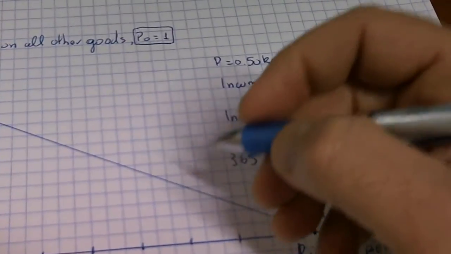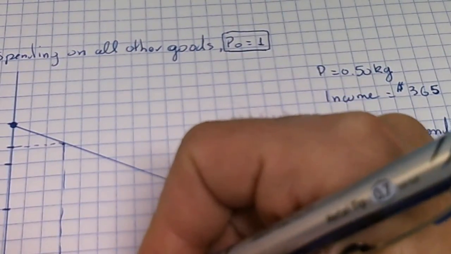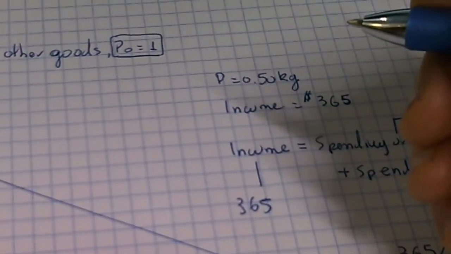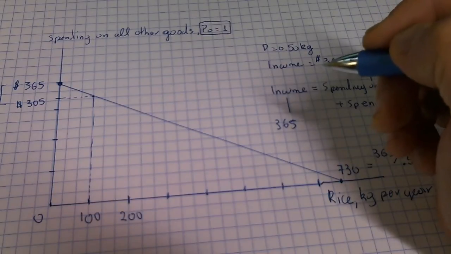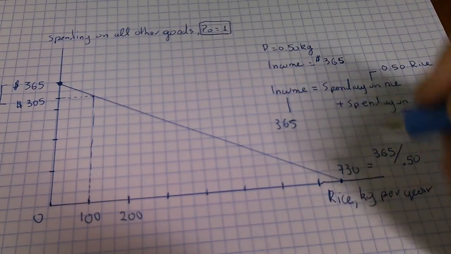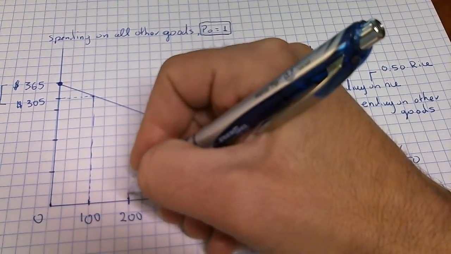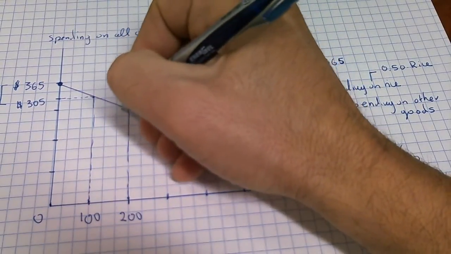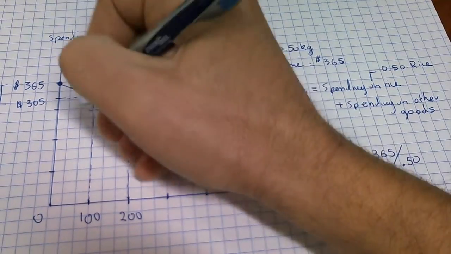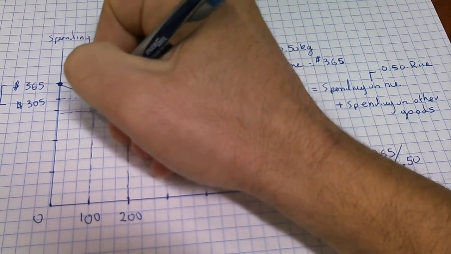Okay, or he can consume 200 kilograms of rice a year, and he would spend $100 on rice. 50 cents times 200 is $100 on rice, and he would be left with $265 on other goods.